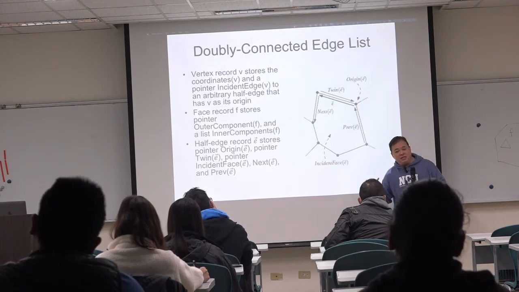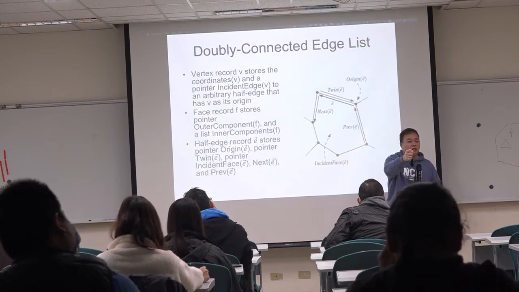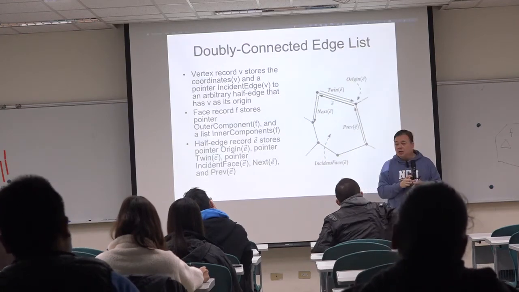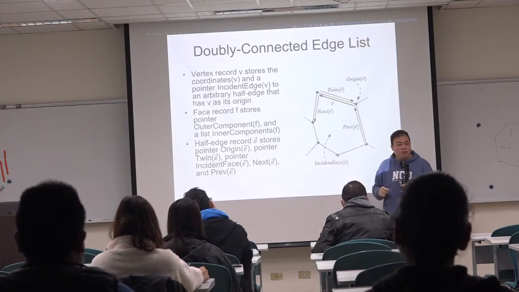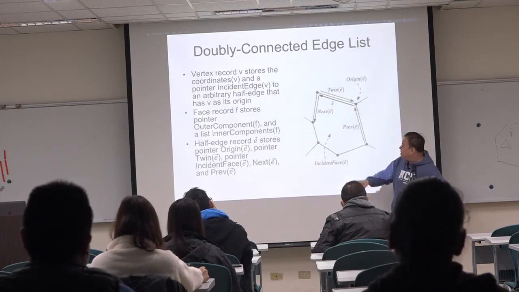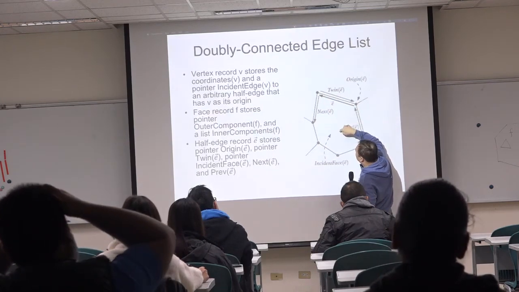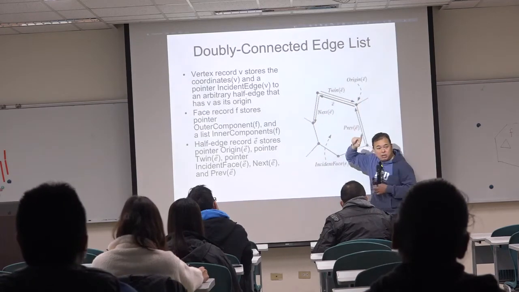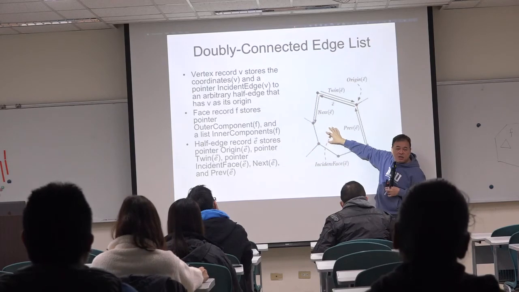If we are standing on the origin, facing the direction of the half edge, the face that this pointer is going to point to is on your left hand side. So if this is the half edge H, then its incident face will be this one, not this one, because it is on the left hand side.